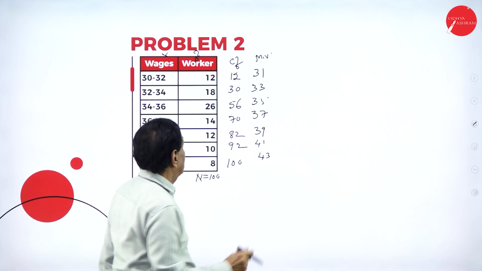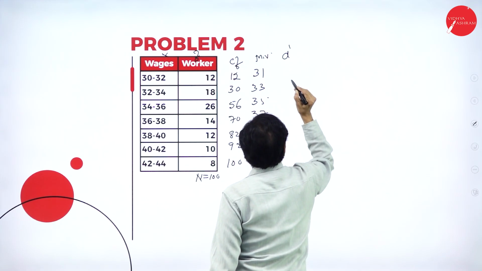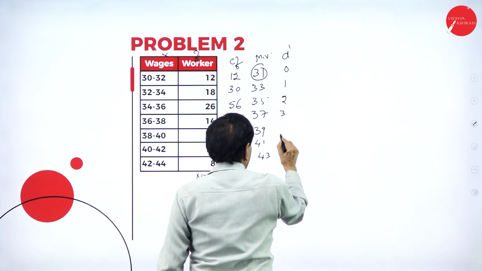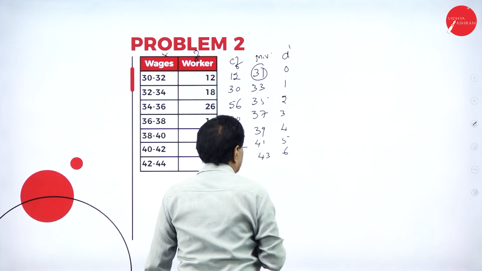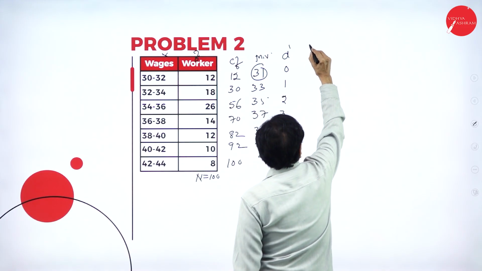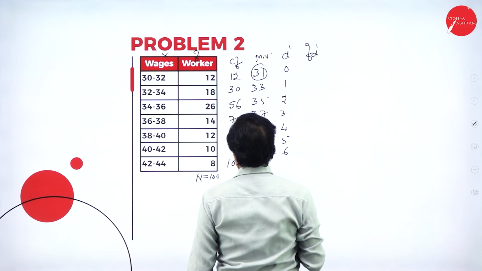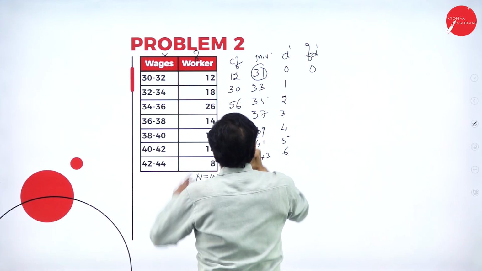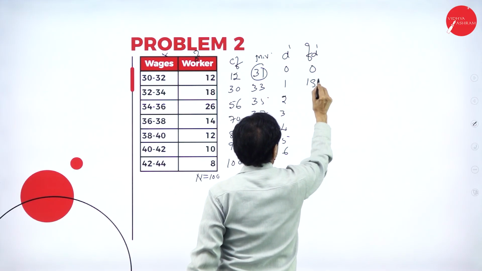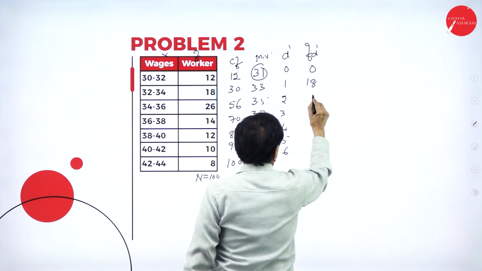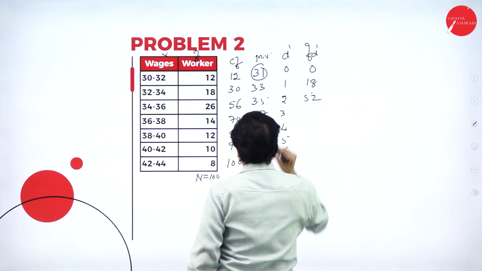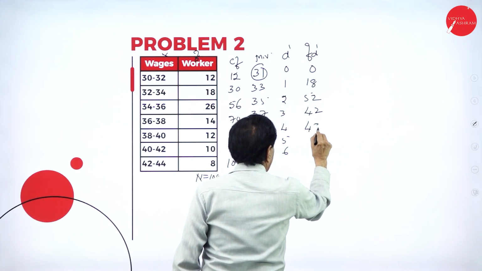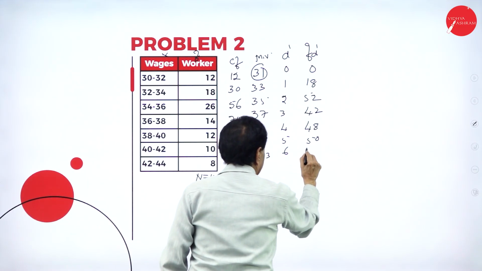Difference, mid value, D dash: first number 0, 1, 2, 3, 4, 5, 6. F into D dash, frequency: 12 into 0 is 0, 18 into 1 is 18, 26 into 2 is 52, 14 into 3 is 42, 12 fours are 48, 10 fives are 50, 8 sixes are 48.